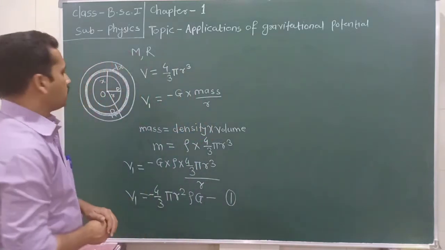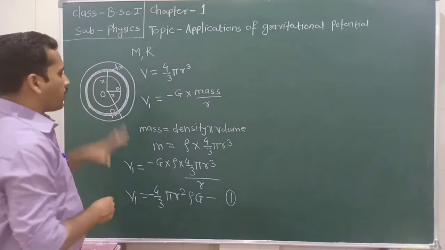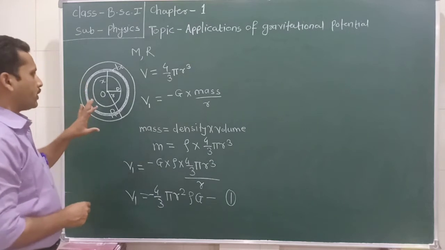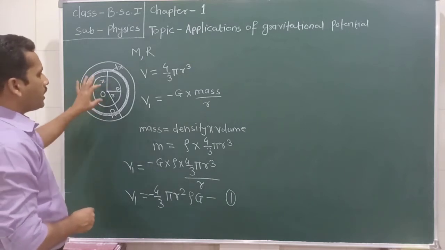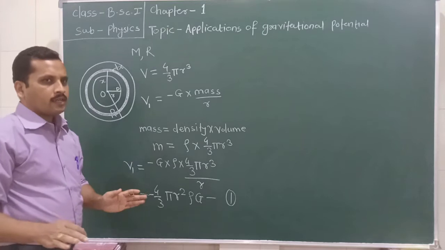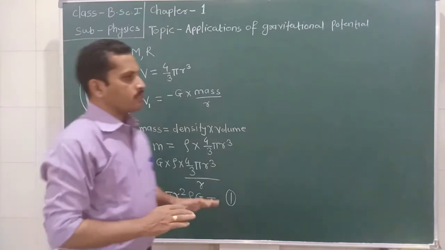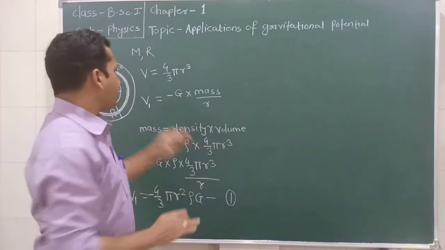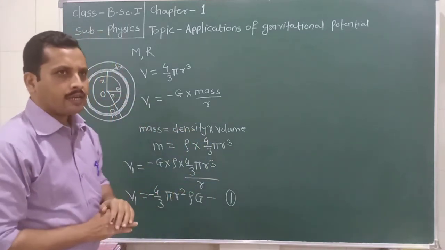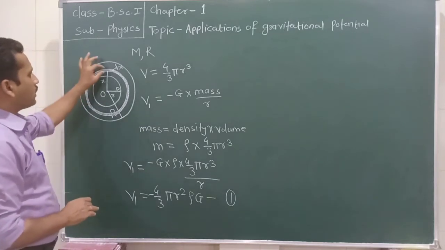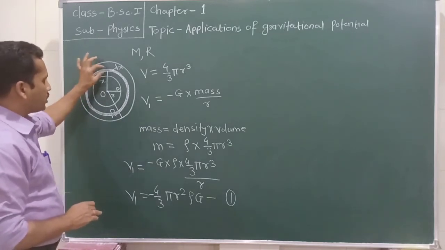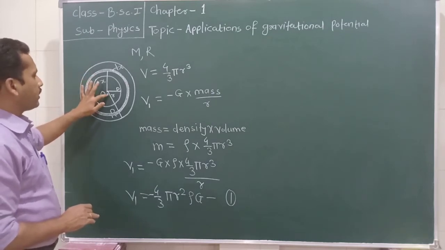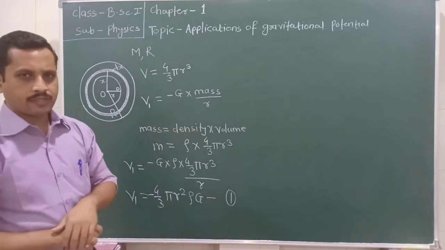Now consider the remaining part of this solid sphere by neglecting this inner solid sphere. Consider that this remaining part of the solid sphere is divided into a number of shells having thickness dx, and consider such a shell which is situated at a distance x from the center and having thickness dx.